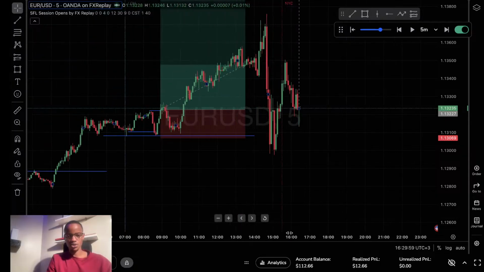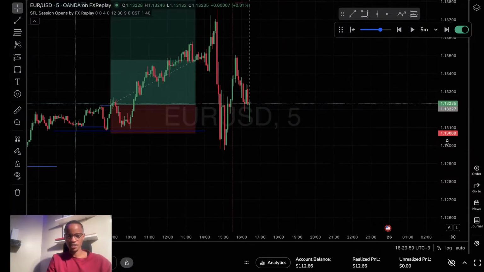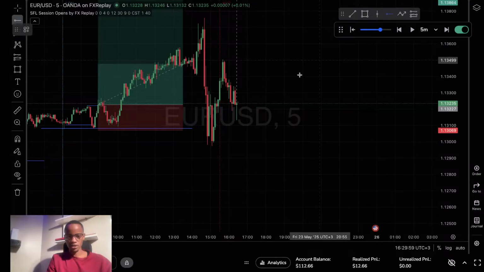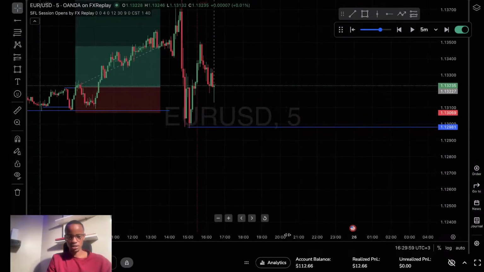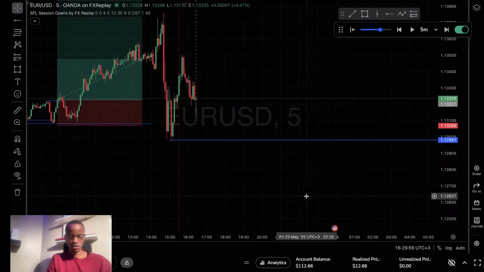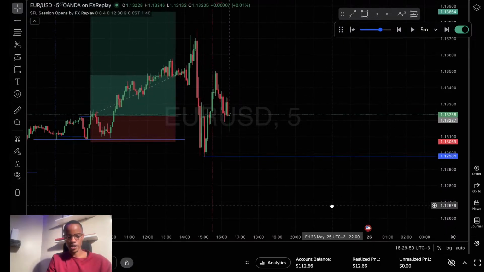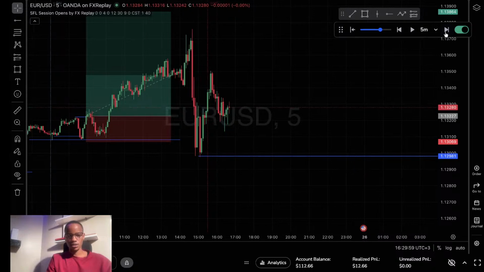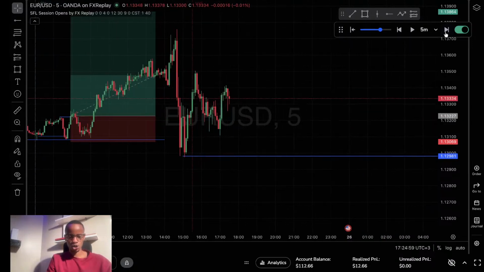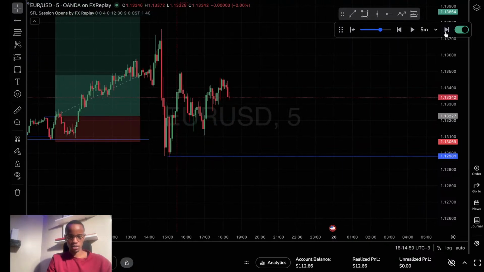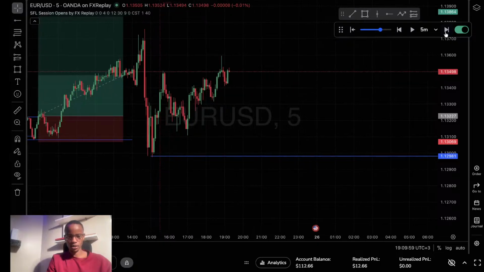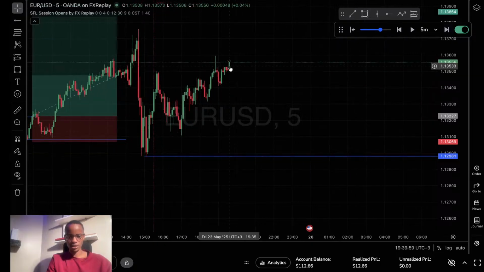Since we know that we have buying bias, we'll wait for these buyers to get cleared, and maybe we get another confirmation to the upside for buys. Let's see how it works. Oh, price is ranging. What's the time? So that's late.